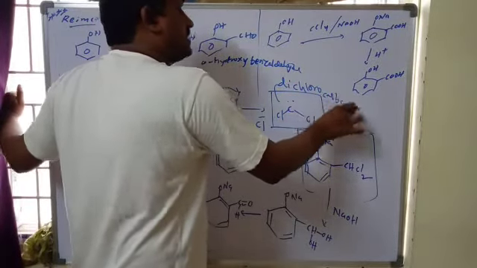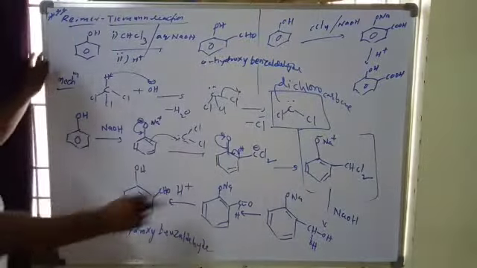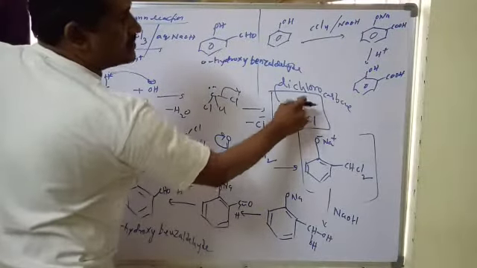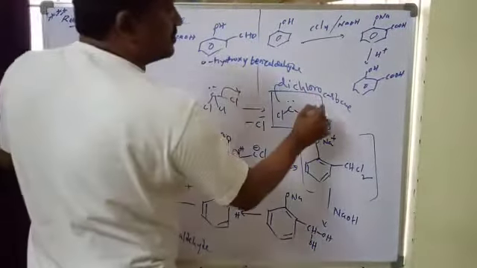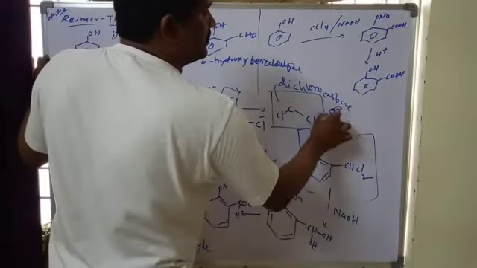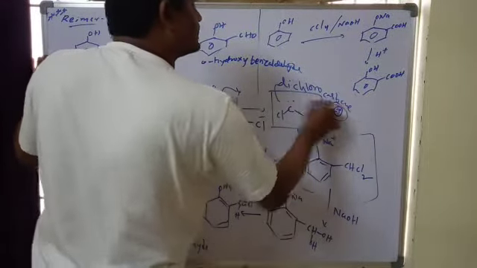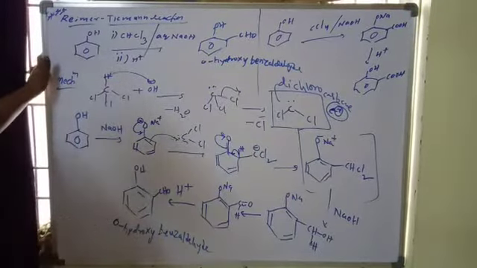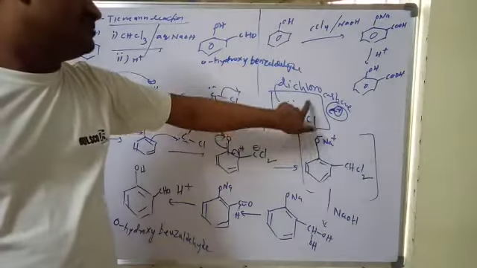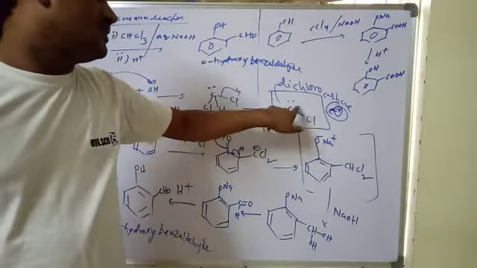This is the intermediate in the Reimer-Tiemann reaction, and it is the electrophile. In the Reimer-Tiemann reaction, the electrophile is the neutral electrophile dichlorocarbene.